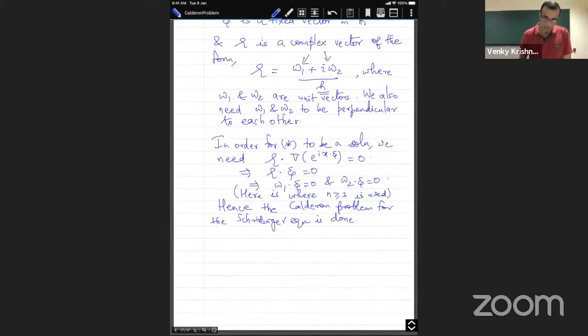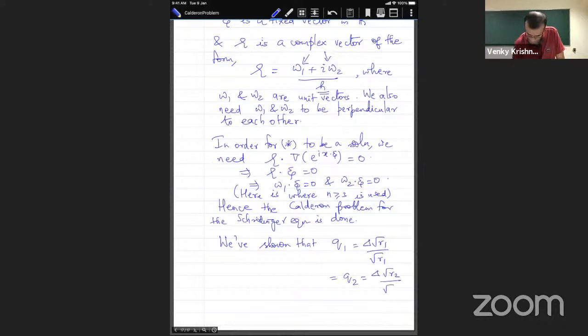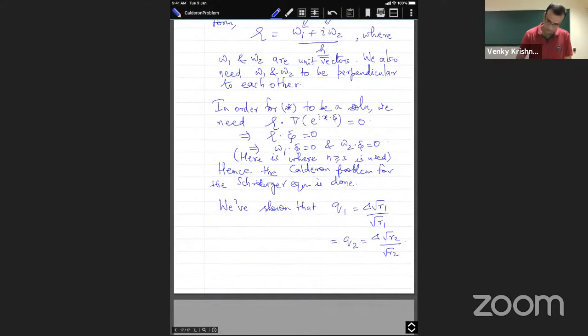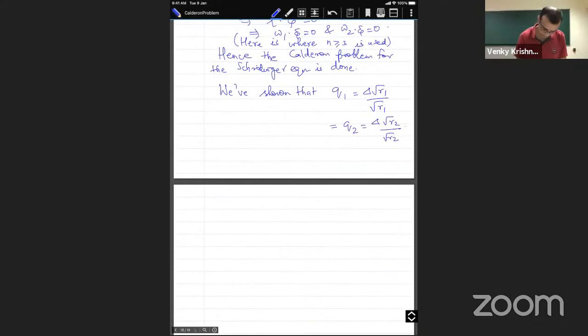Okay, but this is actually quite simple, right? Why? Because now we have shown that Q1, which is Laplace root gamma 1 by root gamma 1, is equal to Q2, which is Laplace root gamma 2 by root gamma 2. Okay, so now recall, I actually mentioned this.